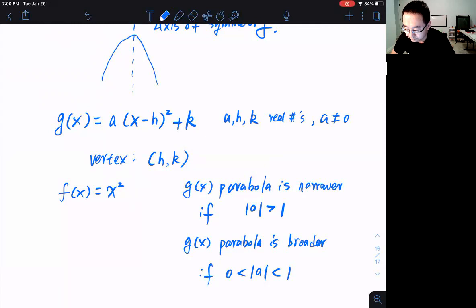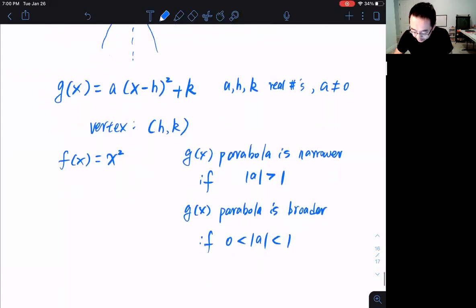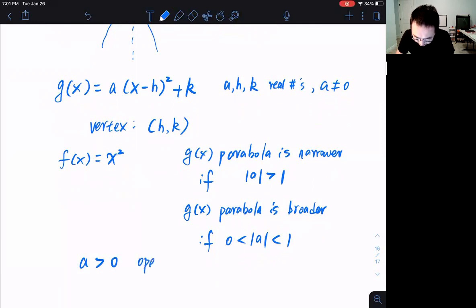Now related to this, if a is greater than 0, because it cannot be 0 itself, then this parabola opens upward. So it will look like this.